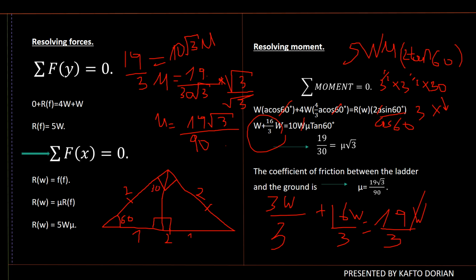Now here if I have 30, it means that here I have 60 degrees, and here I have 30 degrees. From Pythagoras theorem, for us to find this side here, C squared equals 2 squared minus 1 squared. So C equals root 3. So 2 to the power 2 is 4, minus 1, 3. The square root, I have root 3. So in this side here I have root 3.